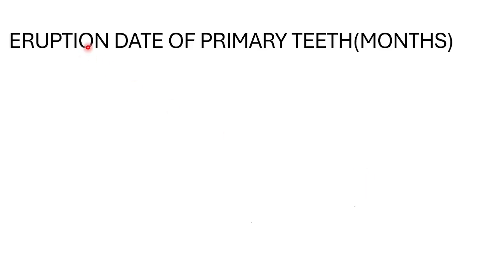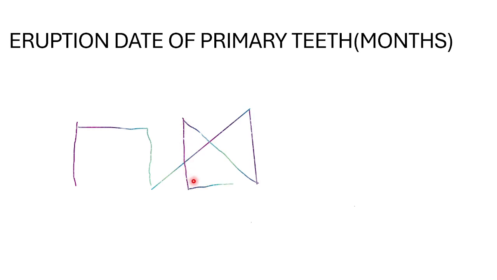So let's start with the eruption dates of primary teeth in months. First we write the N, then we write the X, and then we write the I. Remember, this NXI, we write all of it in lowercase, not uppercase.